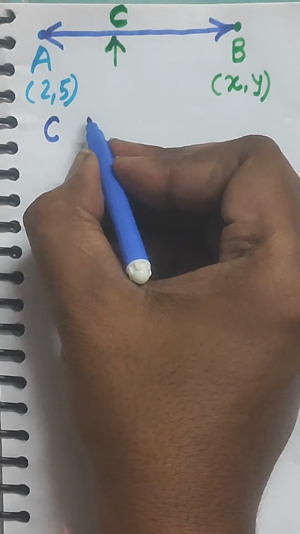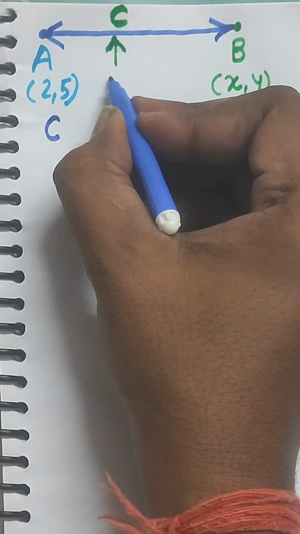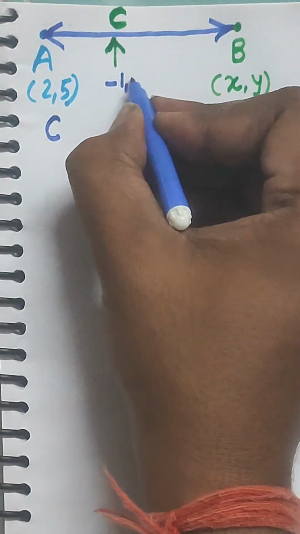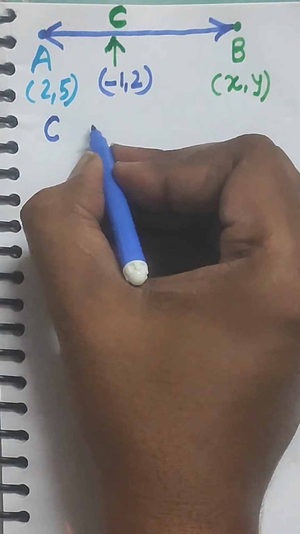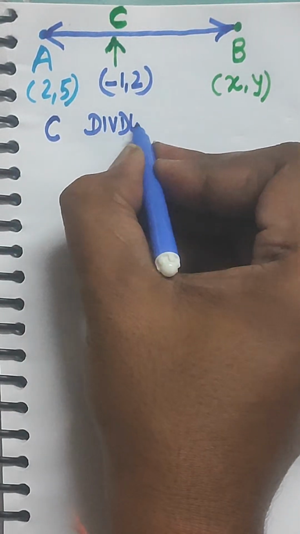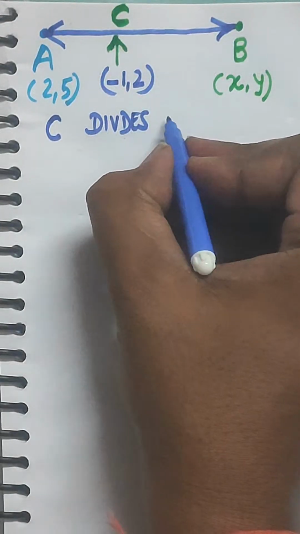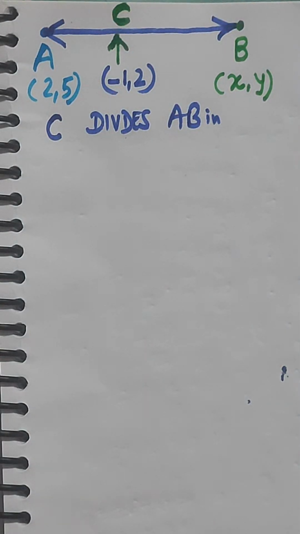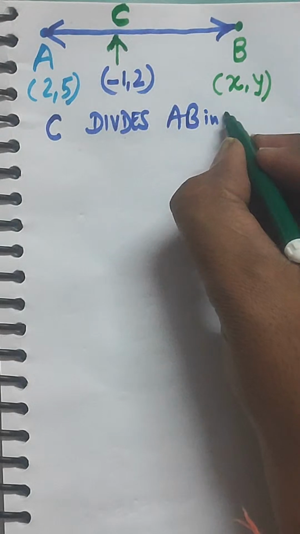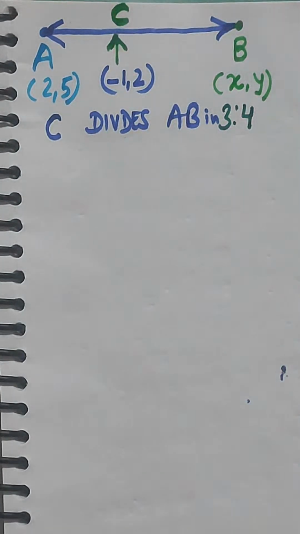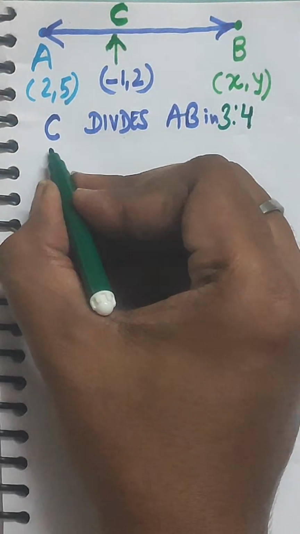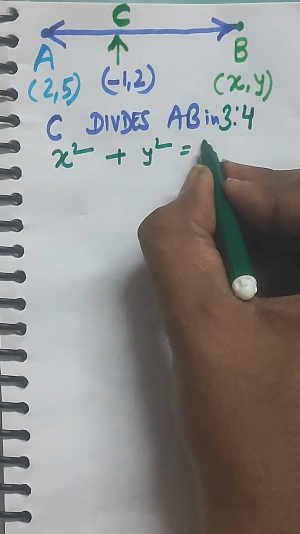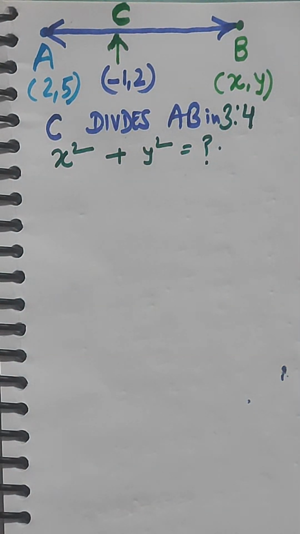The coordinates of C are also given to you, this coordinate of C is (-1, 2), and this C divides AB in the ratio 3:4. This is given to you. Now we need to find the value of x square plus y square. This is the question which is in front of us.